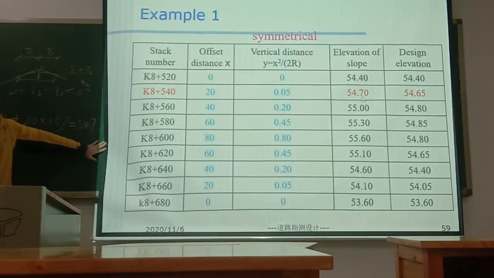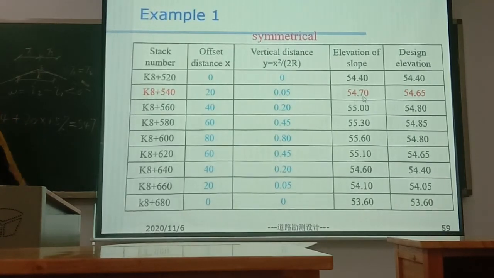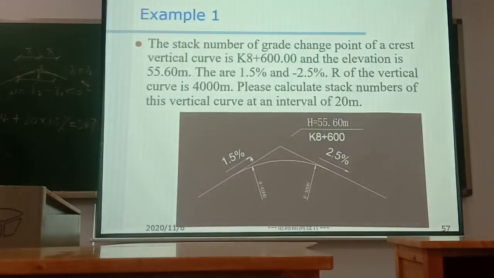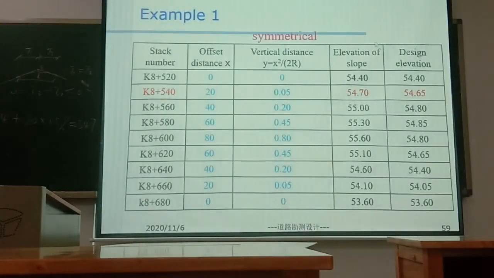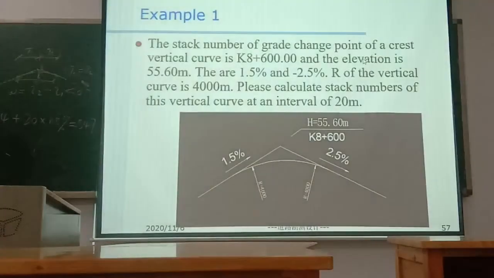Actually, the question now is how did we find this design elevation? This value is on the slope, not on the curve. But we did not write it. How can we know it? They did not give us it in the problem.